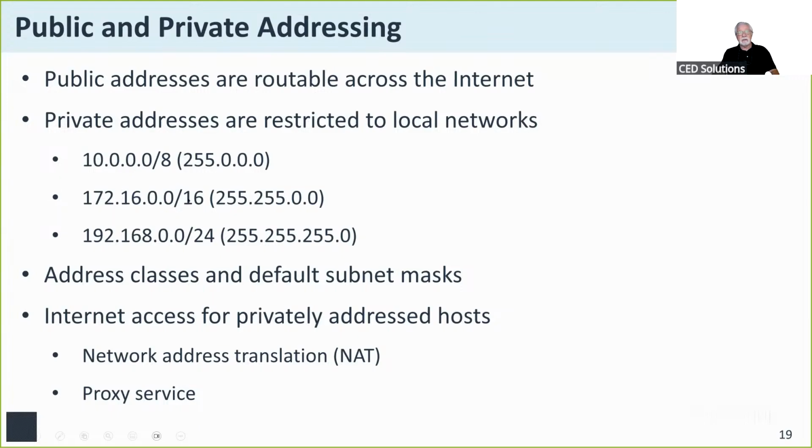That is the same concept as this /16. And then the most often one that we see is called a Class C private network. It masks out the first 3 octets, and that is the network address.